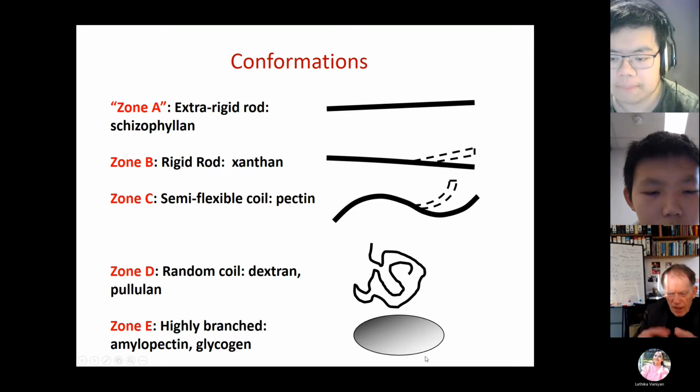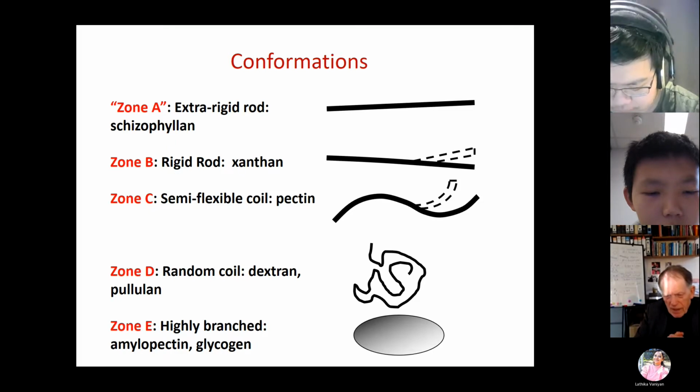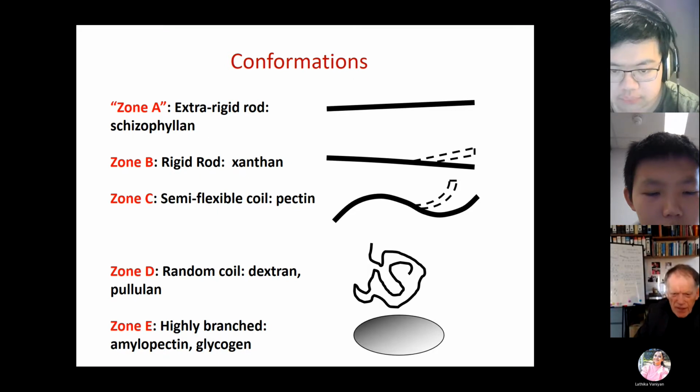Then you can get the highly branched types of molecules like amylopectin and glycogen, which can form a sort of more compact type of structure.